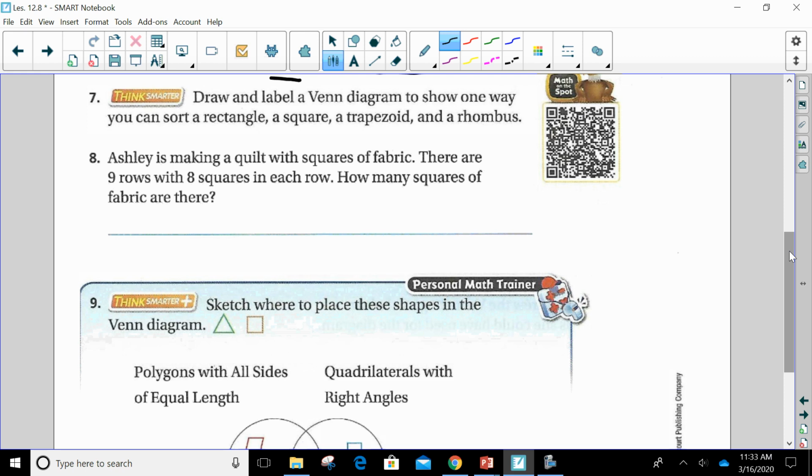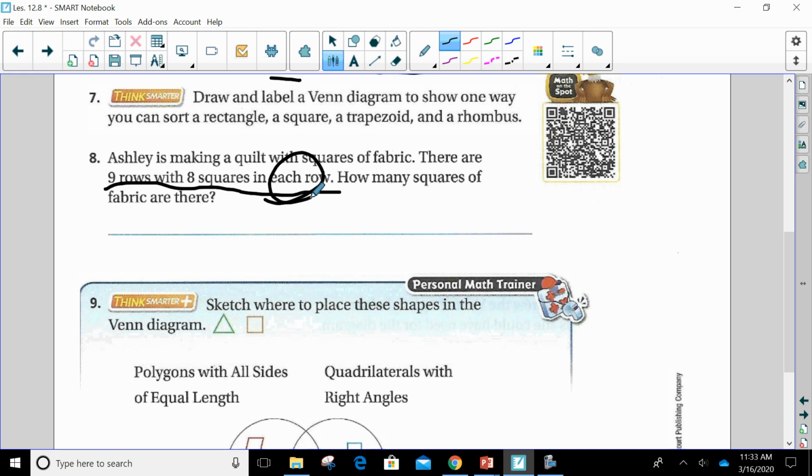Ashley is making a quilt with some squares of fabric. There are 9 rows of 8 squares in each row. How many squares of fabric are there? Okay, that means we're going to multiply or we're going to divide.